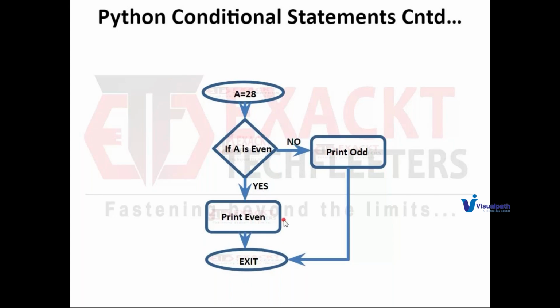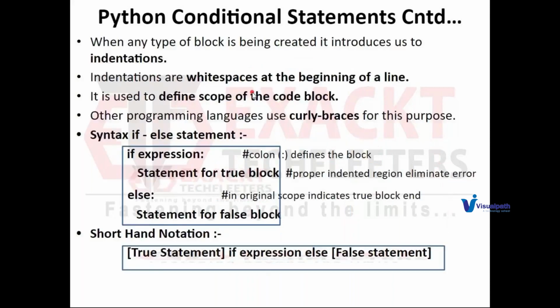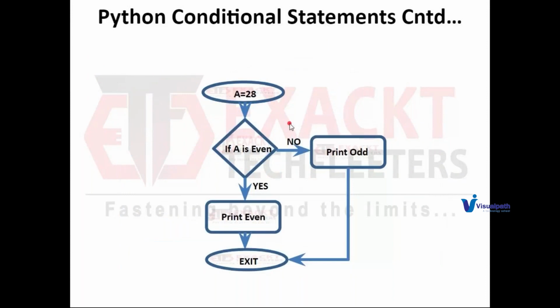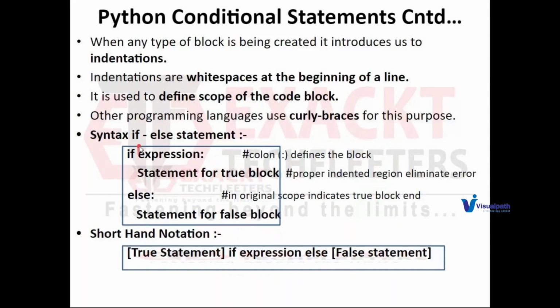So how do we achieve this type of conditional statement in Python? Basically, for this we have a syntax like this. You have to use the keyword if and then your condition. This expression denotes the condition.